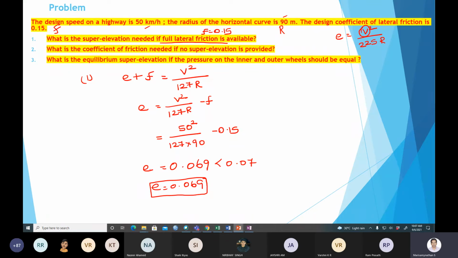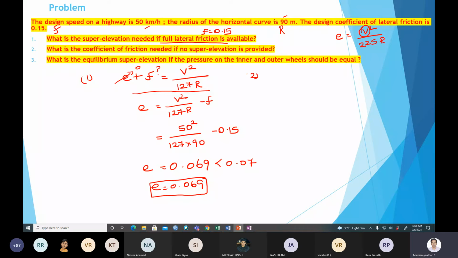So this is the first problem. In the same data, they are asking what is the coefficient of friction needed if no super elevation is provided, which means in the same equation the E value becomes 0, then what will be the F value? Right? It is very simple to calculate.